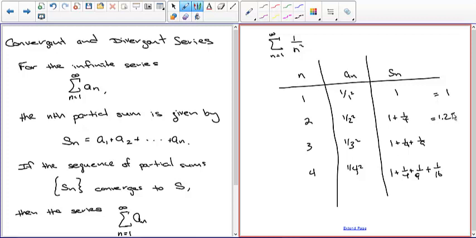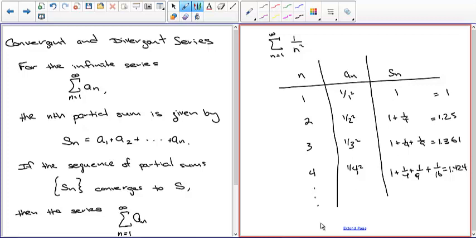So the next one will be 1 plus 0.25 plus 1/9, and that's 1.361. And for the fourth term, we add another 1/16 to that, so that's 1.424. So that's the nth partial sum.